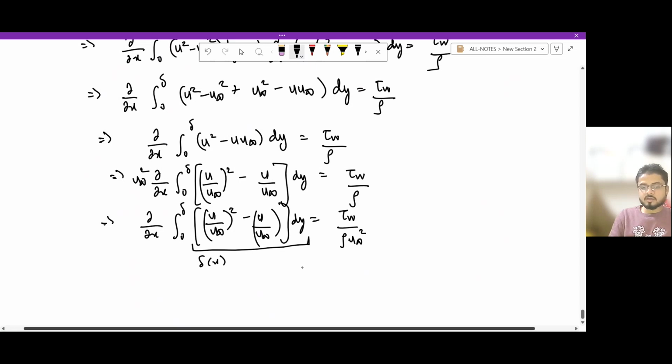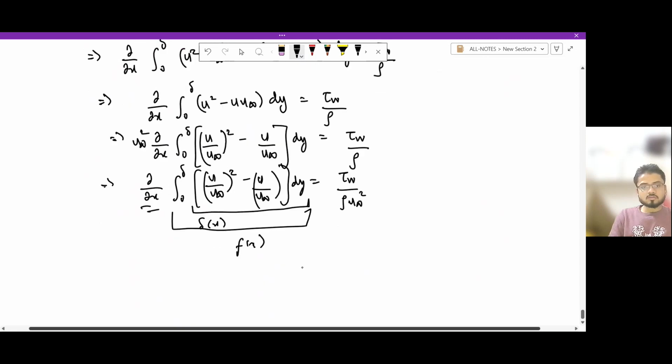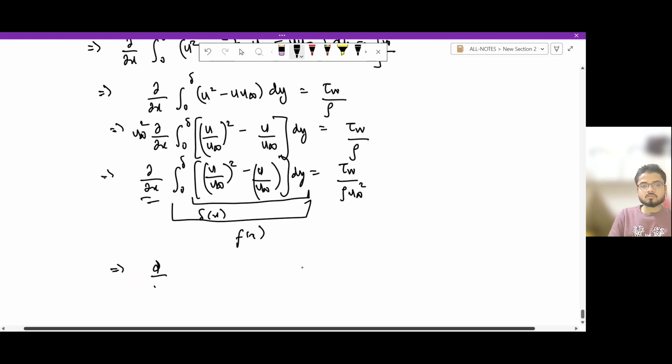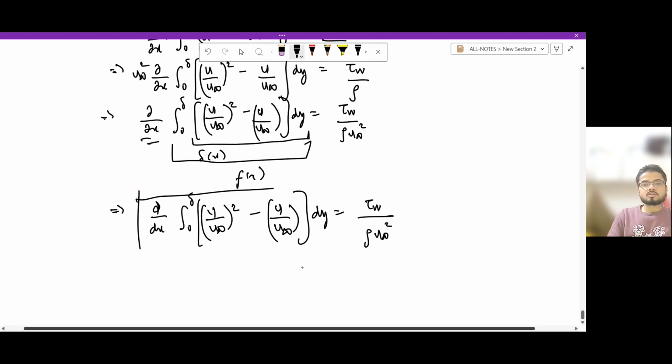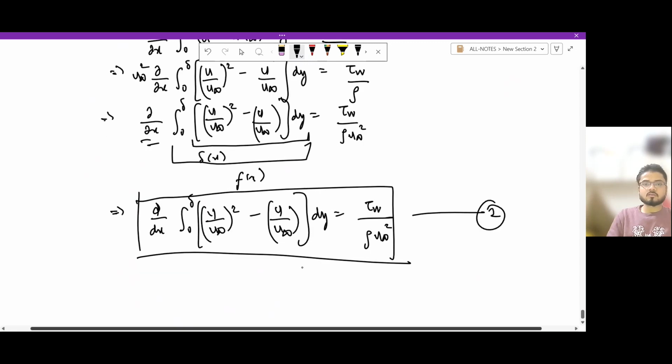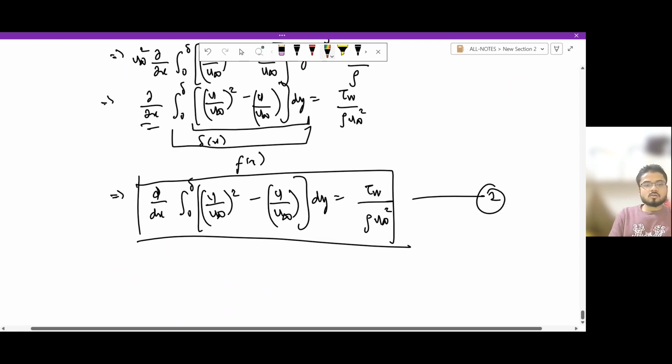So effectively, this entire integral would be a function of x, so this partial term would be converted into an ordinary derivative, of course, and the integral of u by u infinity squared minus u over u infinity dy would be equal to tau wall over rho u infinity squared. So this is the second core equation that we have in our integral momentum analysis.